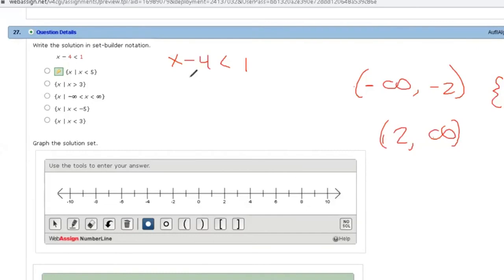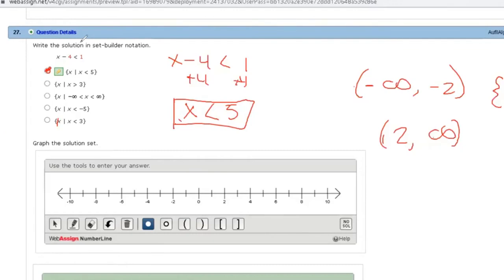So of course we would add 4 to both sides. So we will get x less than 5. And remember, in our set notation, we write the x first, we do a bar, and then we write x less than 5, which is this first option up here.